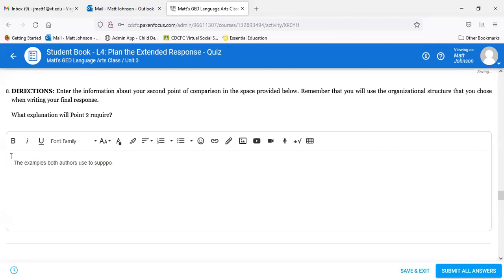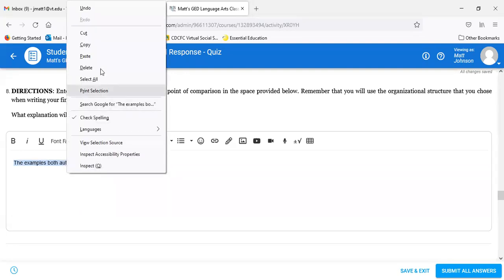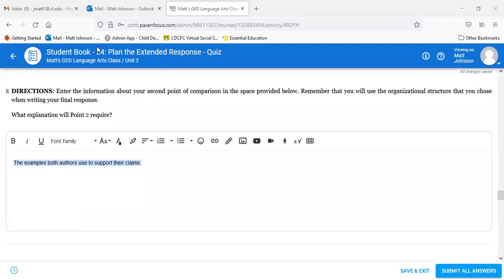I think that support only has 2 P's, not 3. Copy here. Paste here.